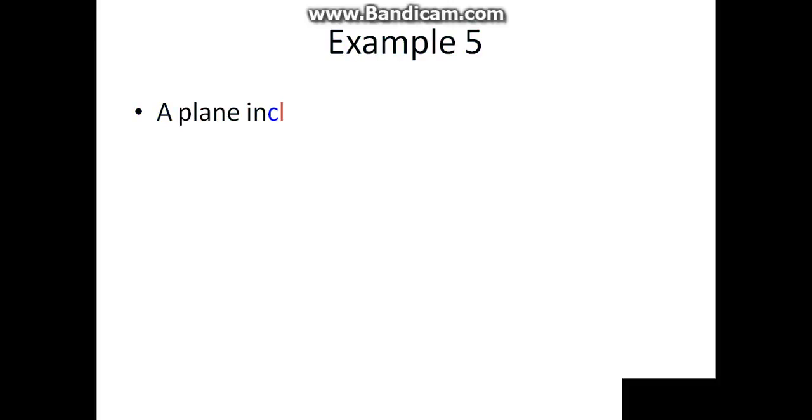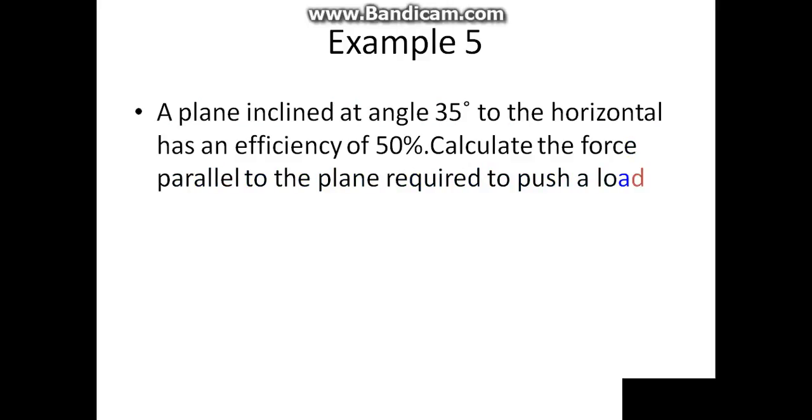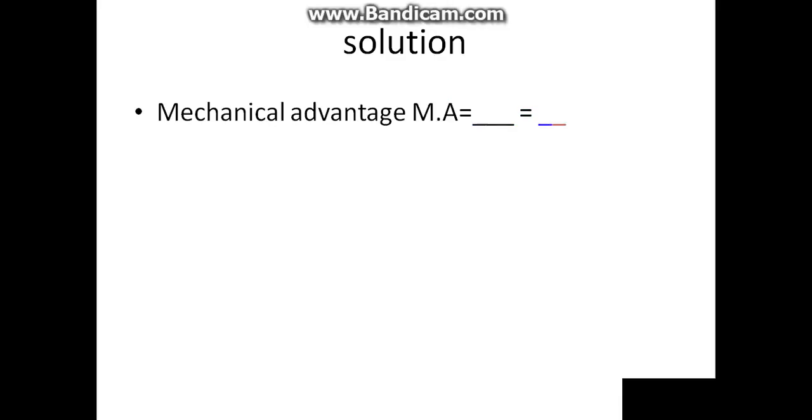Example 5. A plane inclined at an angle 30 degrees to the horizontal has an efficiency of 50%. Calculate the force parallel to the plane required to push a load of 120 Newton uniformly up the plane. Solution. Mechanical advantage MA is equal to load over effort, which is 120 Newton over effort.